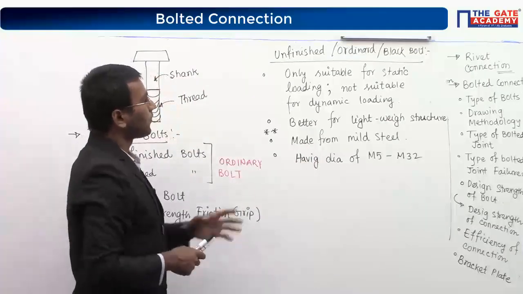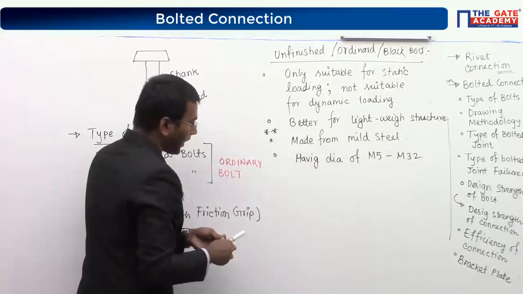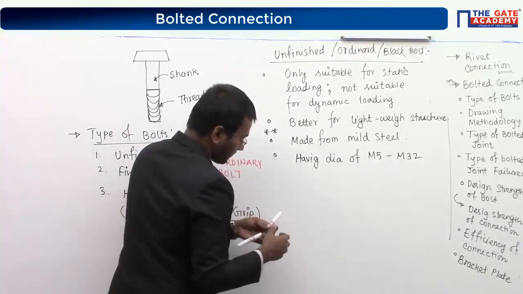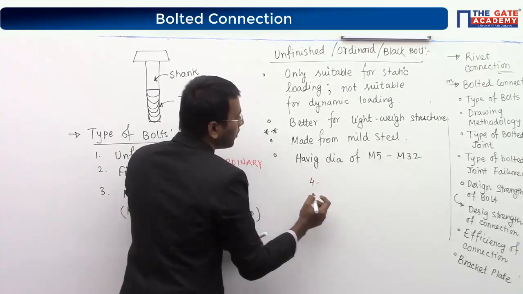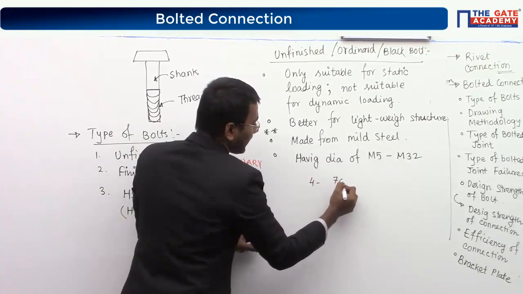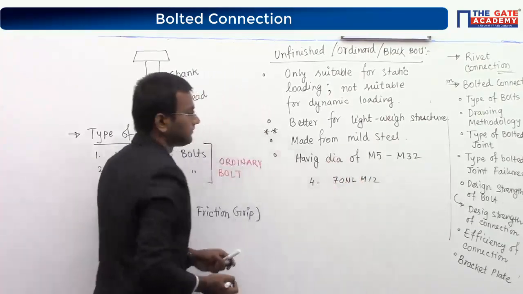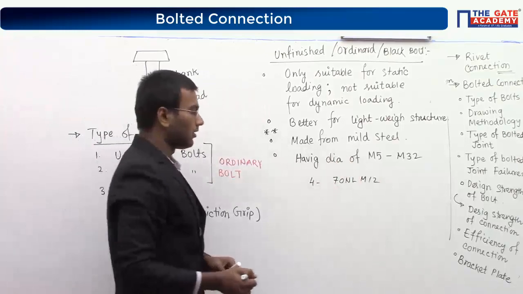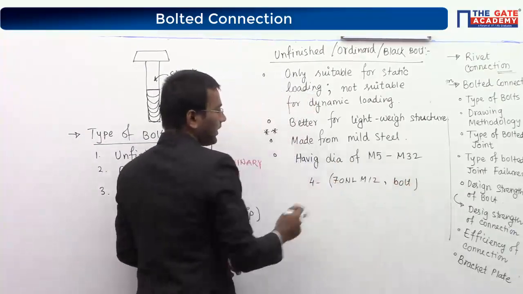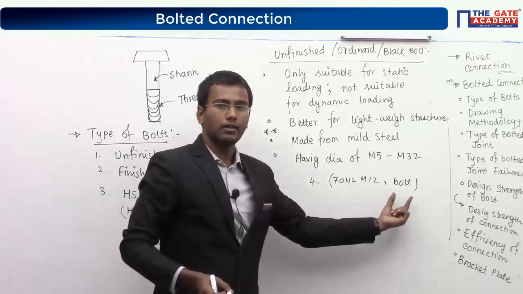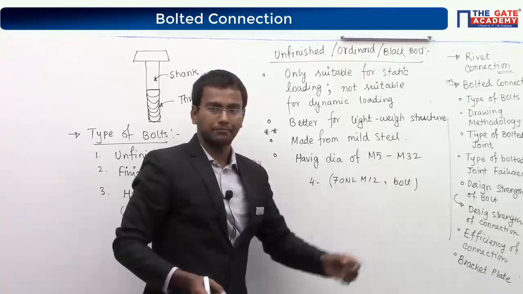Similarly, in steel structure design, what will I do? I will say 4 No. 70 NL M12 bolt. Here you can find some symbols like BB or UB or FB.